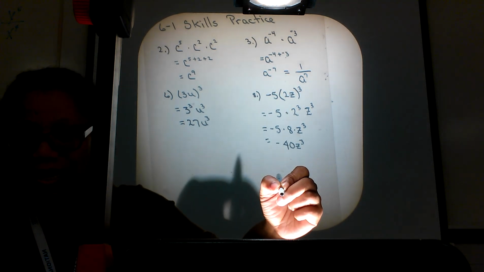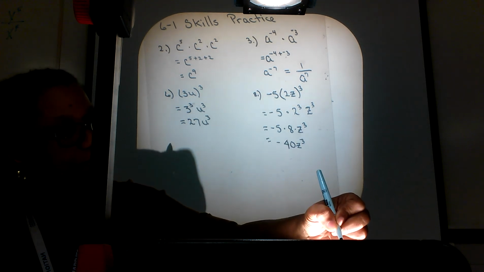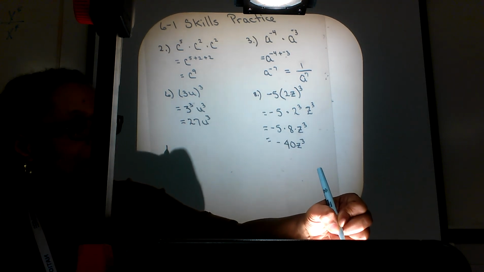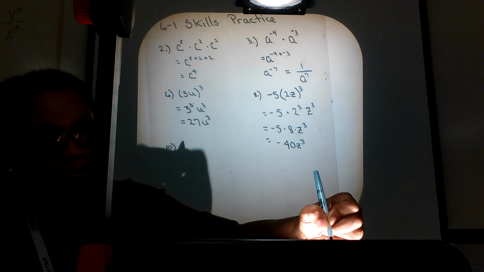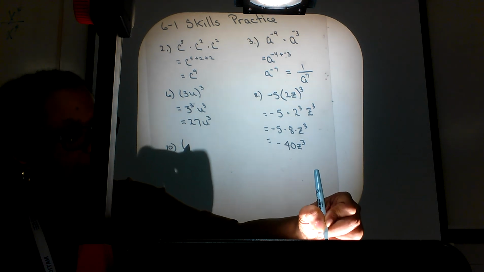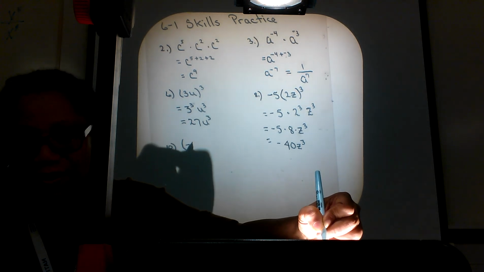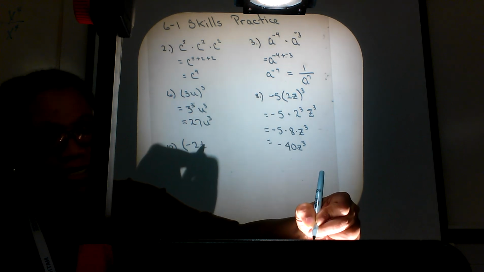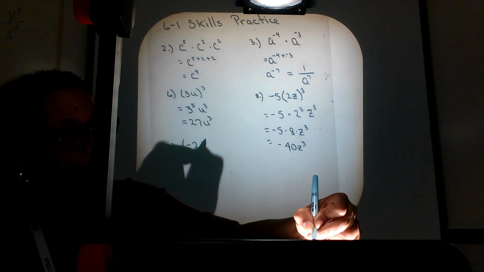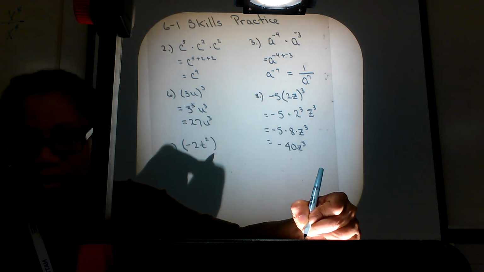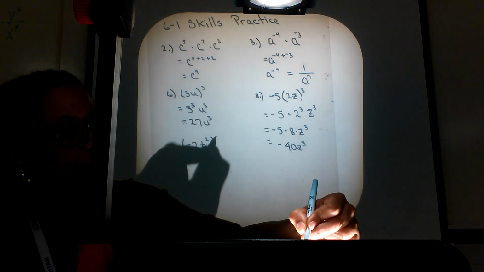Guys, here's one right here, number 10. Be careful of the signs. Maybe this will trick us up a little bit. Look, I have negative 2t squared, raised to the third.